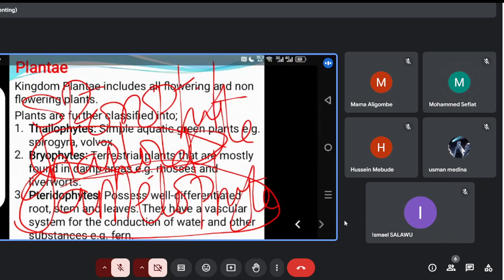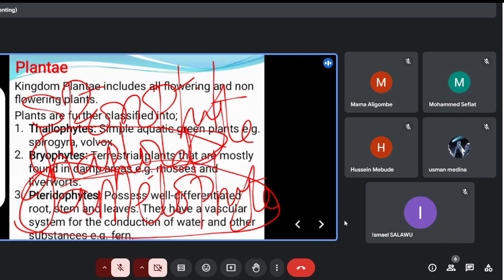Are you with me? Yes, ma. Okay. Now we've talked about the spores being diploid in nature, and that is known as the sporophyte stage. We are trying to look at the alternation of generation. Now we said the gametophyte stage is made up of half cells, haploid cells, which is half of the diploid cells. Now for the gametes, we have two gametes. For every other flowering plant, there are two gametes, the pollen grain and the ovule.